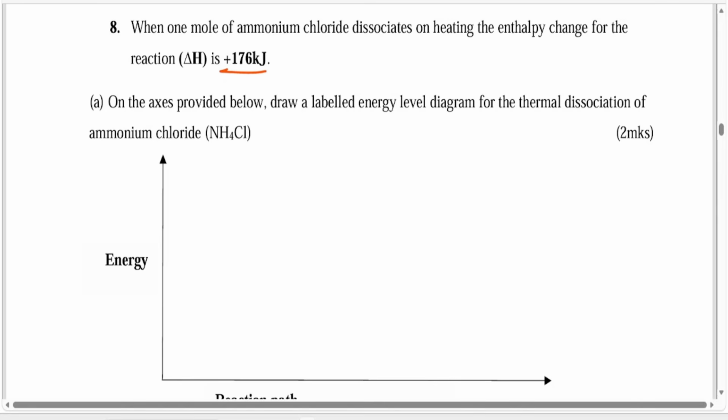So I'll begin by showing the reactants. So I have ammonium chloride. Ammonium chloride is solid, and then to form the products, I have ammonia gas.